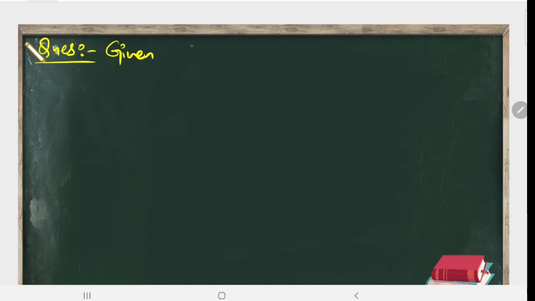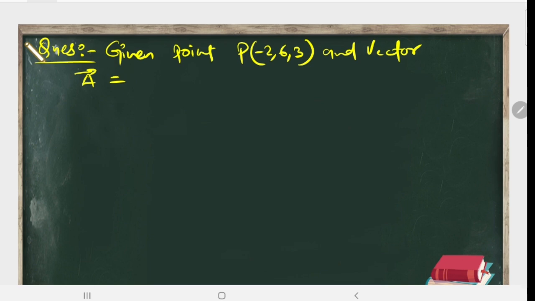Given point P (-2, 6, 3), and the given vector is A = y ax + (x + z) ay.